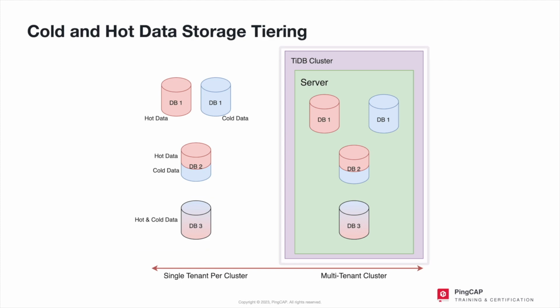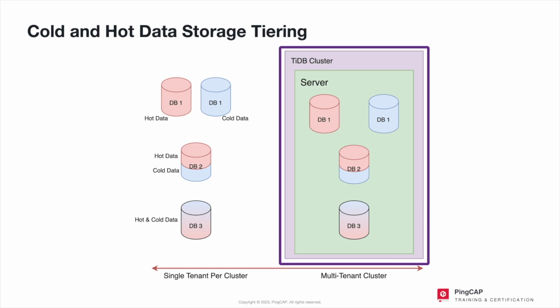When you migrate single-tenant databases to multi-tenant databases without a solution for separating hot and cold data, there will clearly be a waste of hardware resources. For example, the hot and cold data in DB1 will use the same hardware resources, resulting in an unnecessary cost. When the cold data of DB1 and DB2 are migrated to the multi-tenant database, they occupy high-performance SSD storage.